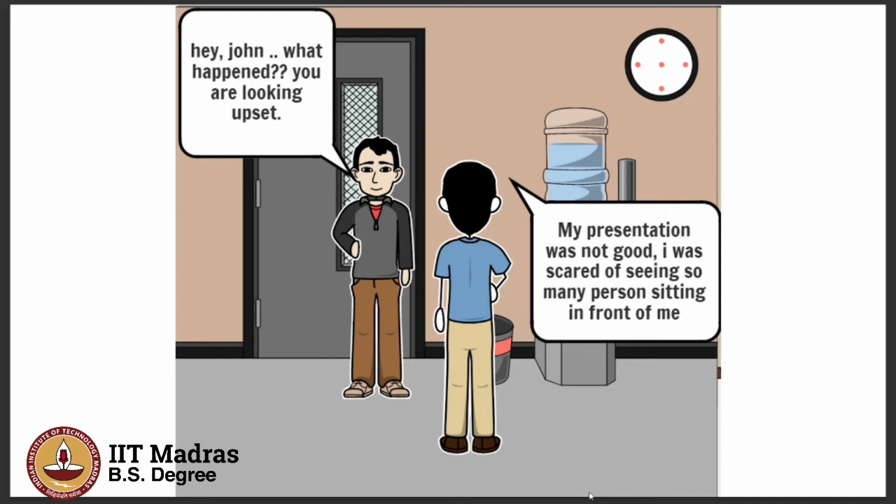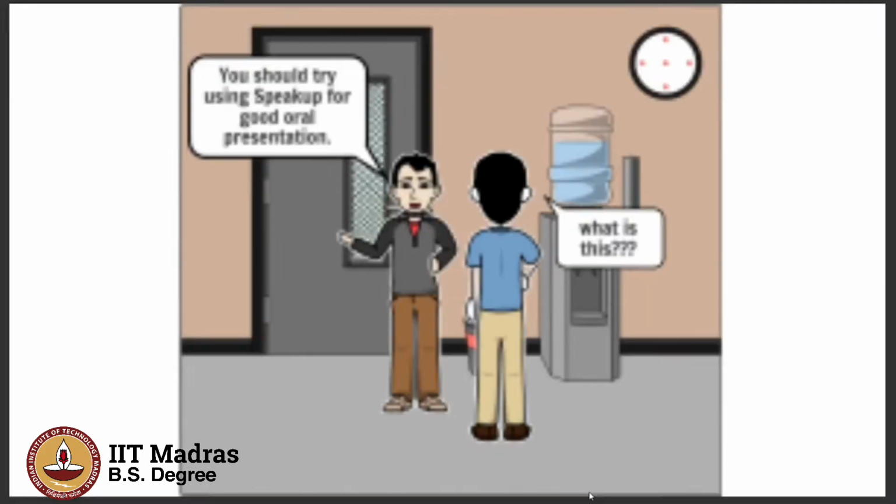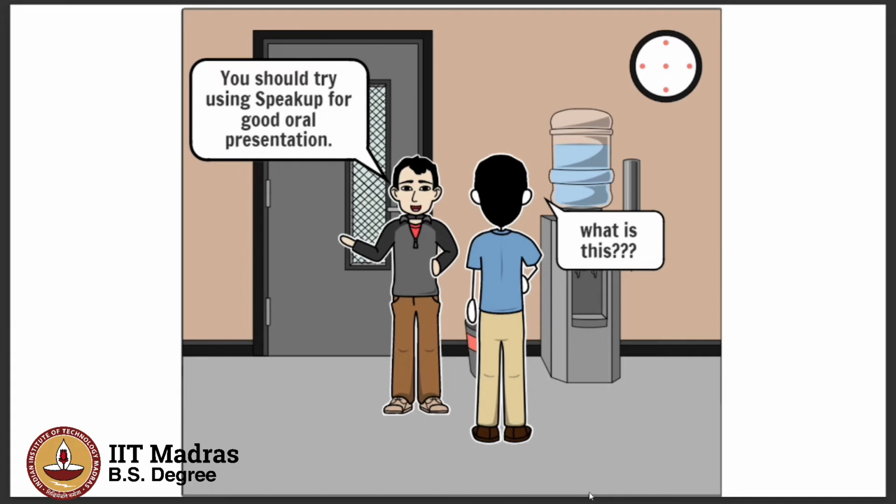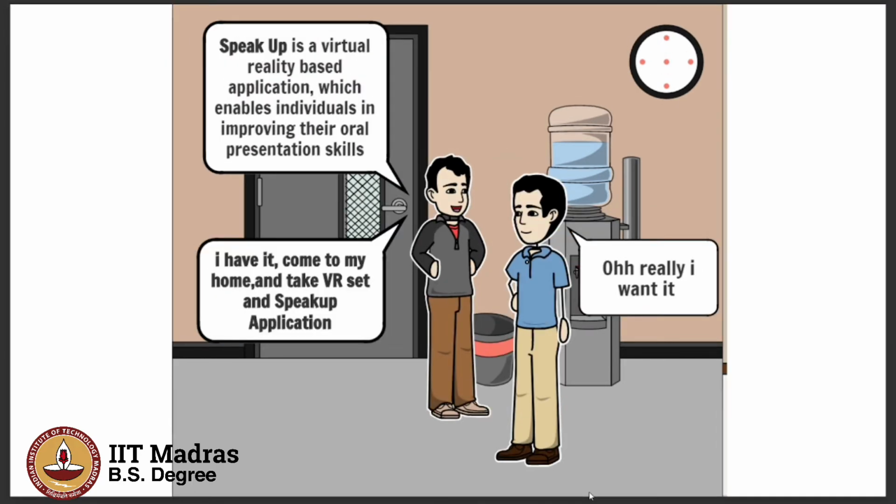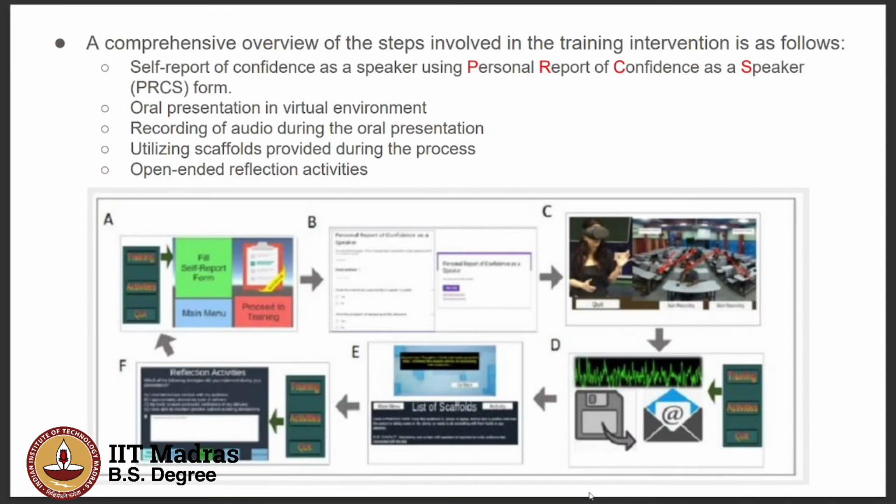Now that the setting has been established, the second step is the sequence, or what are the steps, or what is the task which the software system helps the user to do. Here you see that a friend recommends SpeakUp to this person and talks about what all are the features in SpeakUp.